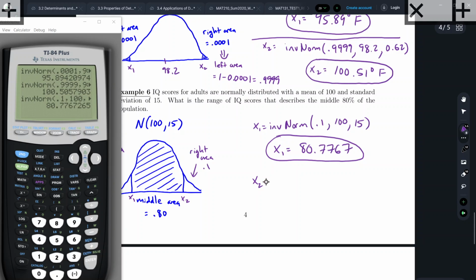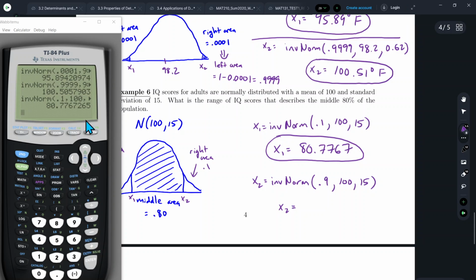Now let's calculate x2. We're still looking for an x value, so we use inverse norm. Again, this number has to be a left area, so instead of 0.1, I use the complement, which is 0.9. Applying the calculation, with left area 0.9, I get 119.2233.